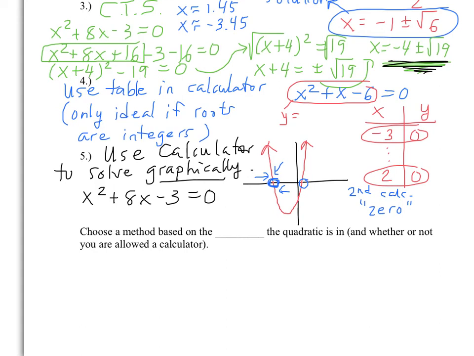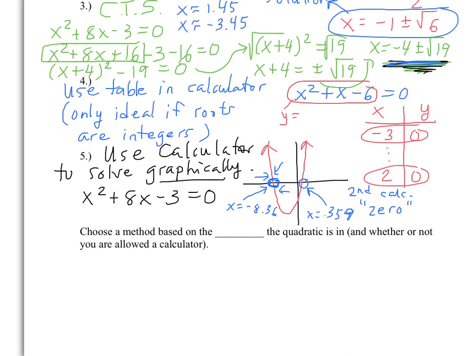So this first one here, I'm drawing a lot of arrows around it. This first solution would be x equals negative 8.36. That's the 3 sig figs. And this other solution would be x equals 0.359. And again, try that on your own. You need to be able to do that.